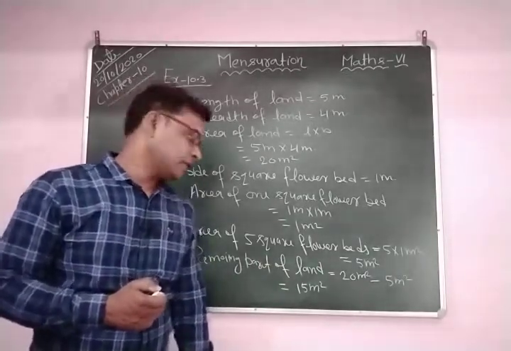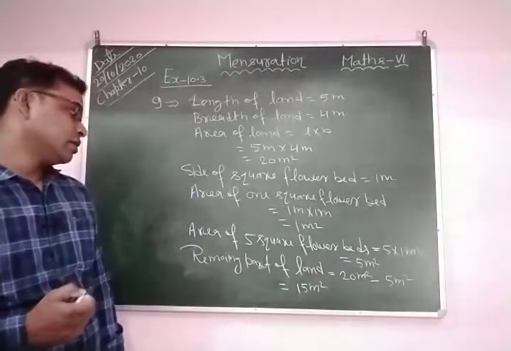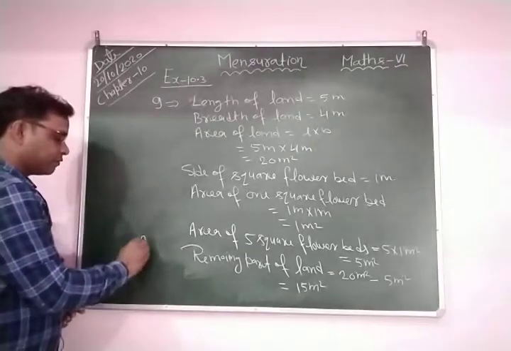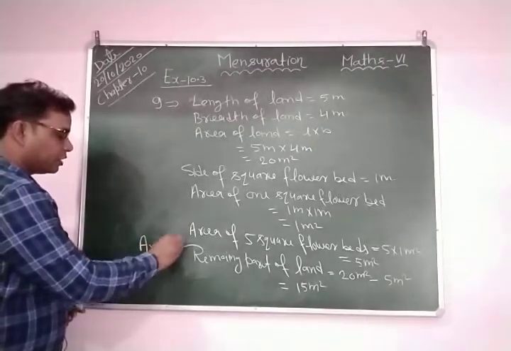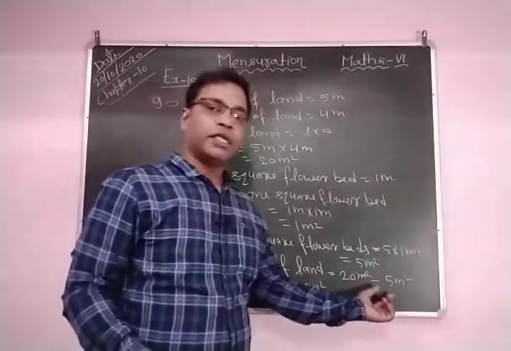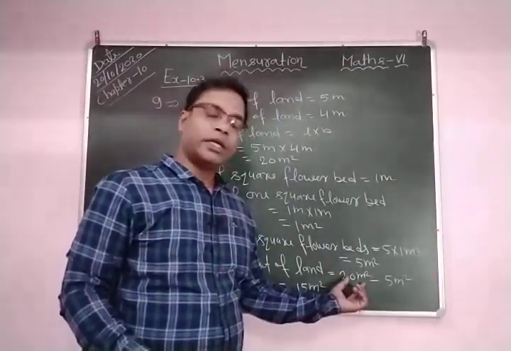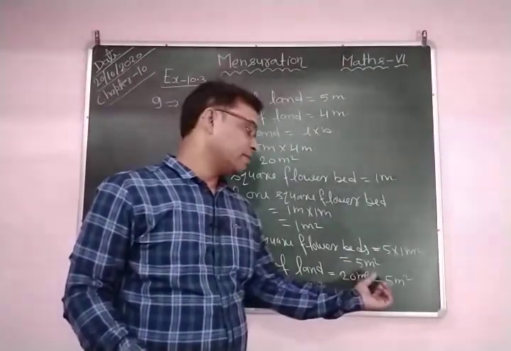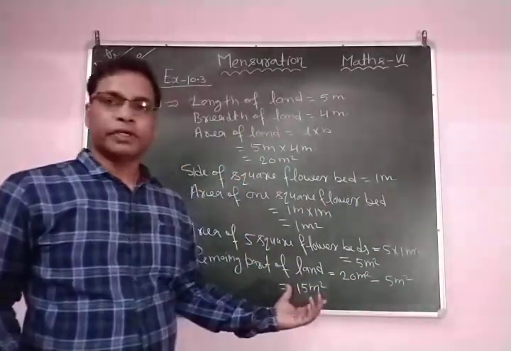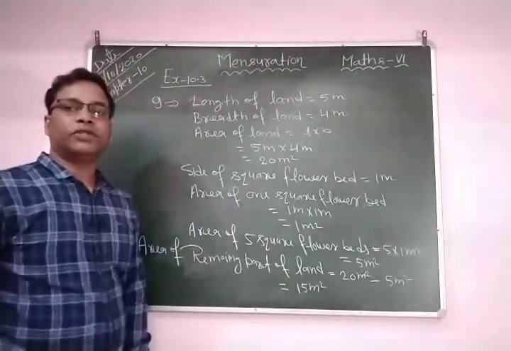Area of remaining part of land is equal to area of land minus area of 5 flower beds. So area of land is 20 meter square and area of 5 flower beds is 5 meter square, so this is equal to 15 meter square. So students, I hope all of you understood this question.